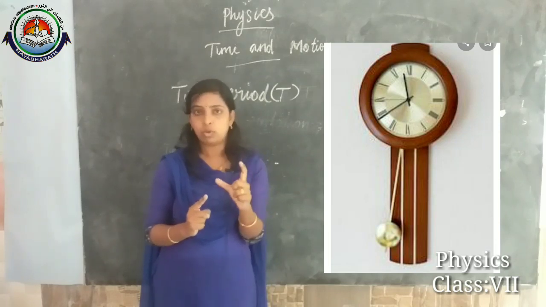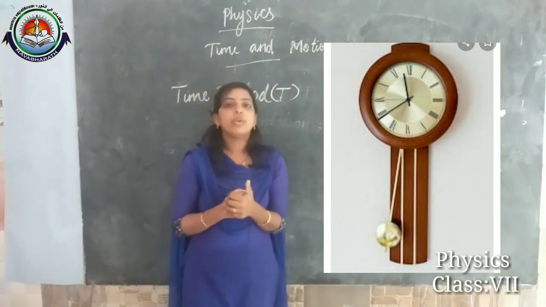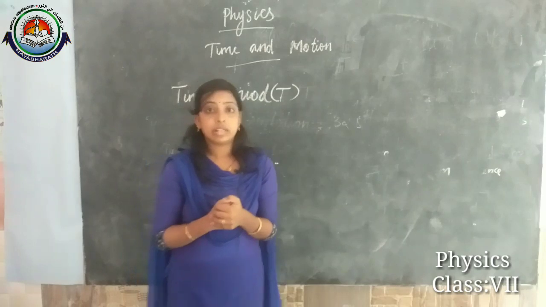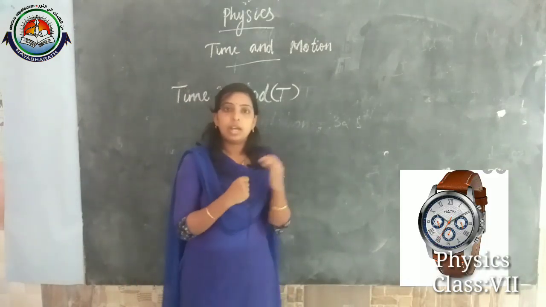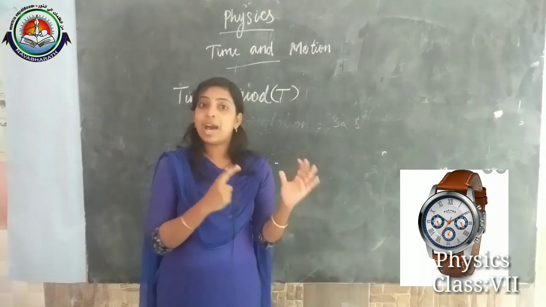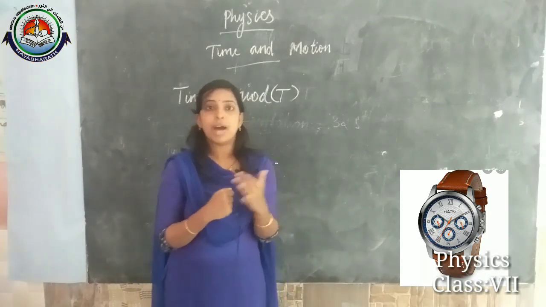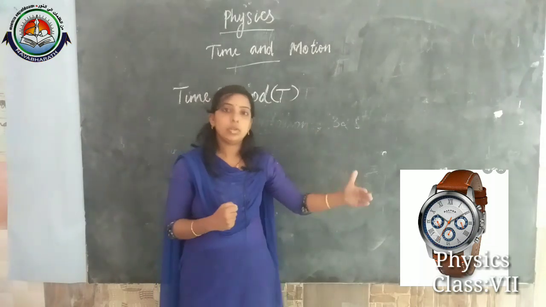Okay, in pendulum clocks. And you all know about the mechanical wristwatch, right? In the case of a wristwatch, there is a balance wheel, like the pendulum in a pendulum clock.